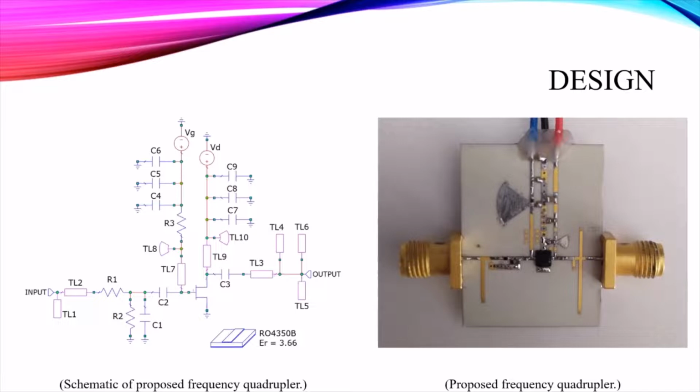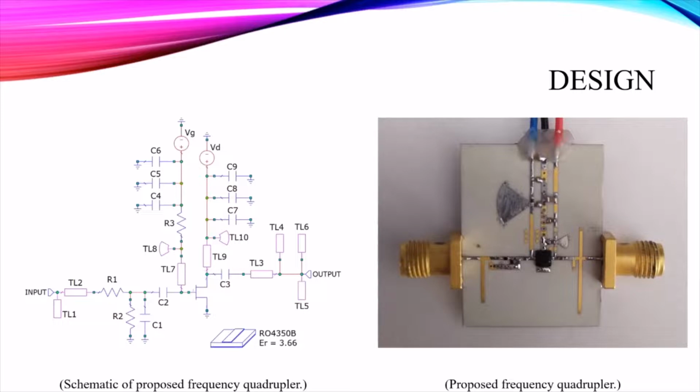The output matching network is designed to achieve maximum conversion gain while having sufficient output return loss, and it consists of a series and a shunt transmission line, TL3 and TL4. Additionally, TL5 and TL6 open stubs, which have lengths of lambda over 4 at the fundamental frequency F0 and the second harmonic frequency 2F0, are employed in order to reflect unwanted harmonics and the fundamental signal at the output.